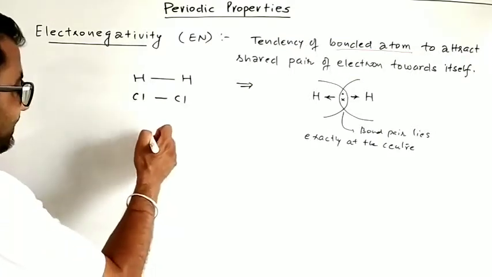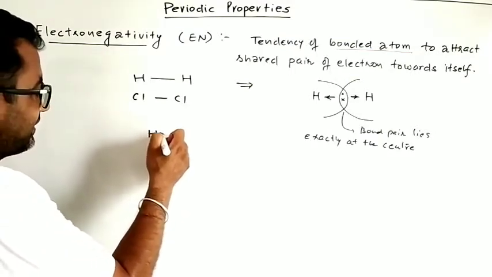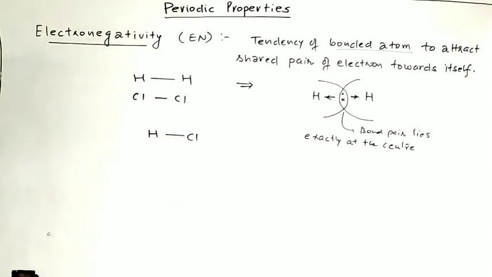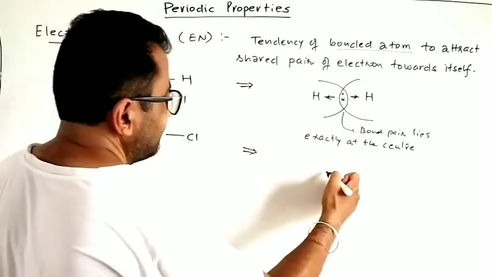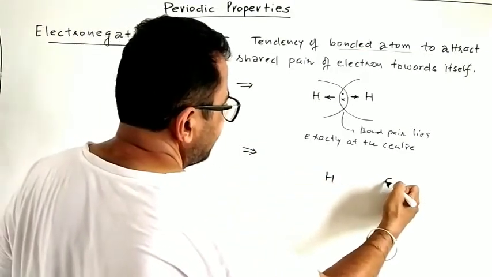Similar happens when the bond is in Cl2. Again, the bond pair will lie exactly in the center. Now, if I attach hydrogen with chlorine, in this case the bond pair will not lie exactly in the center. See where it will go.